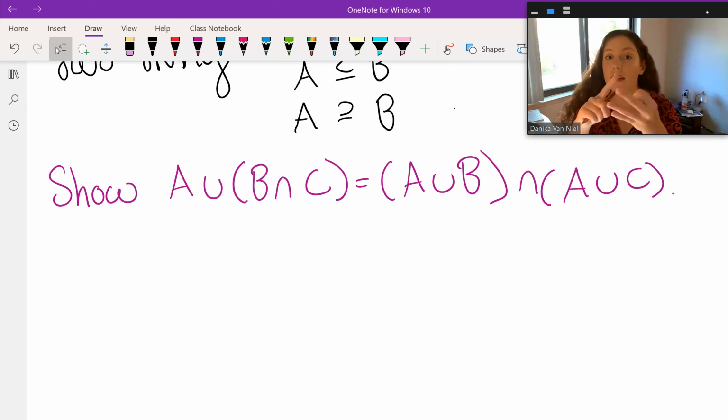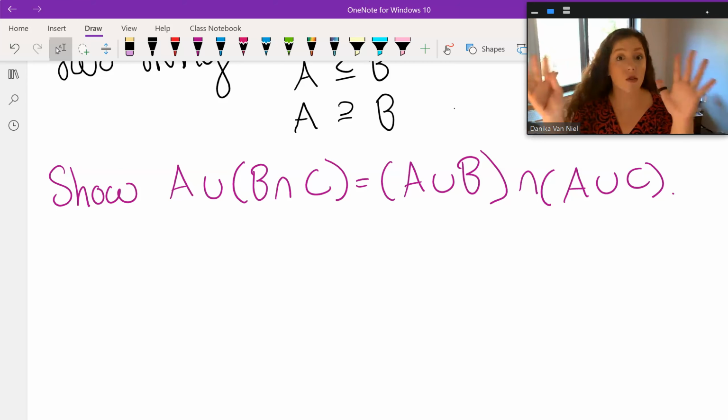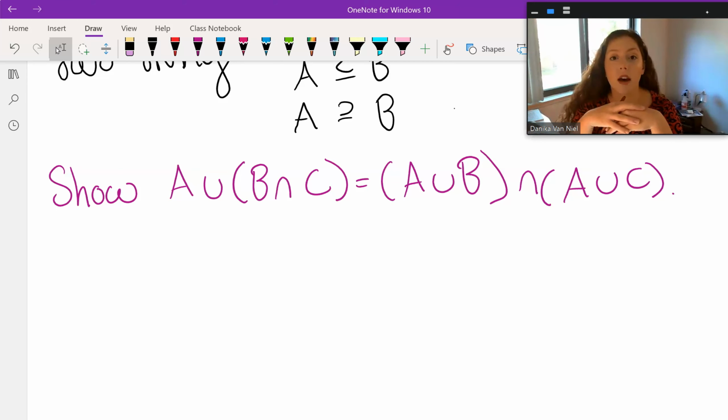That skeleton still needs to be the same. You could reverse these two, but you still need to have them in there. But your details could look totally different, or you could talk about things differently than I do, and that is totally okay. Part of this class is going to be exploring what your style is going to be. That's going to be another great part of group work: you'll get to see other people's ways of thinking about things.